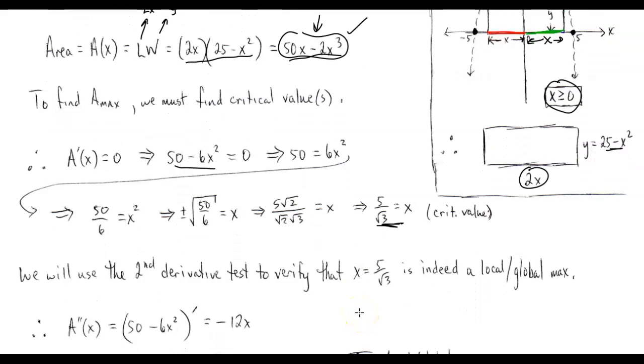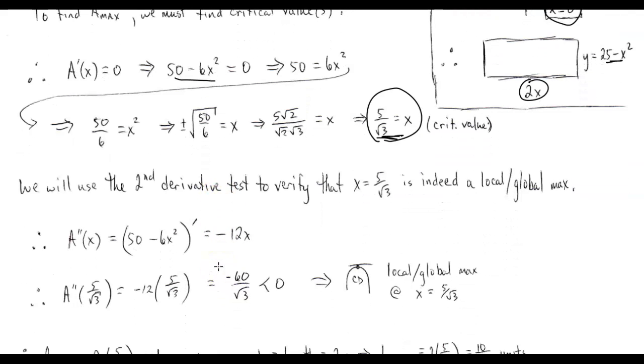So in this situation here, knowing that x is just 5 divided by square root of 3, or roughly 2.88, just lets us know that from a math perspective, we either have a local max or a local min at this particular value. And again, we're going to use the second derivative test to confirm that this particular critical value is referring to a local maximum.